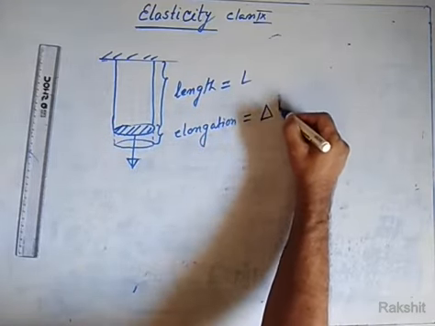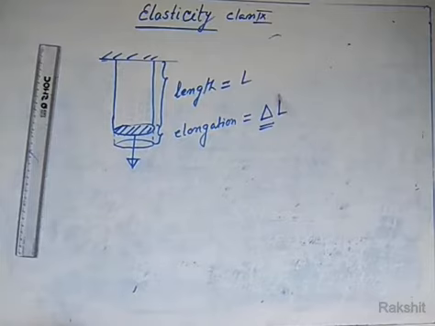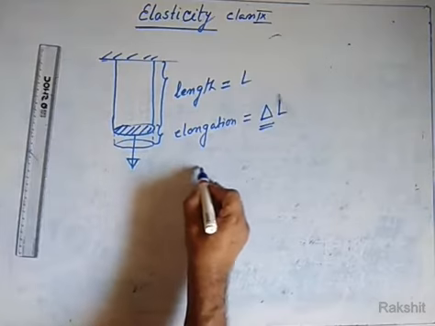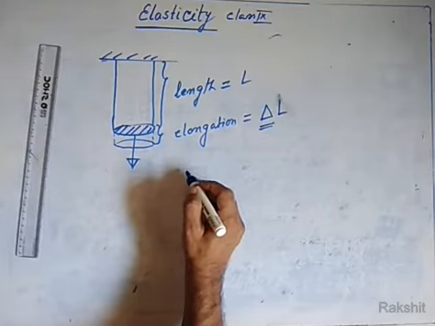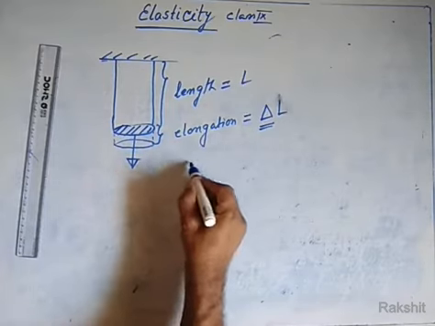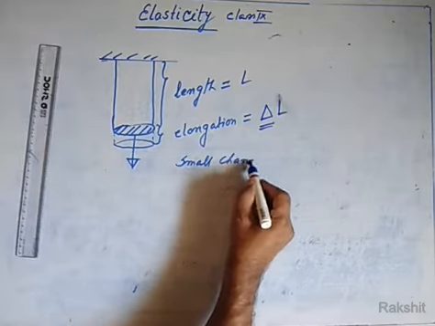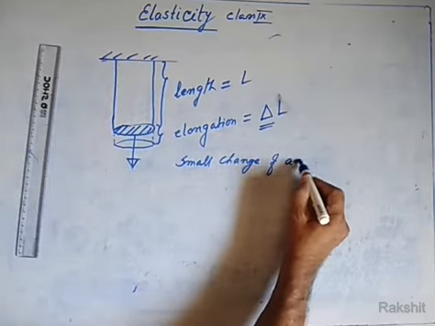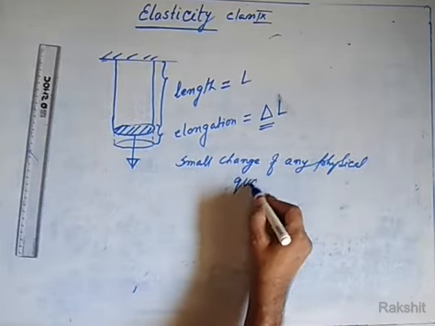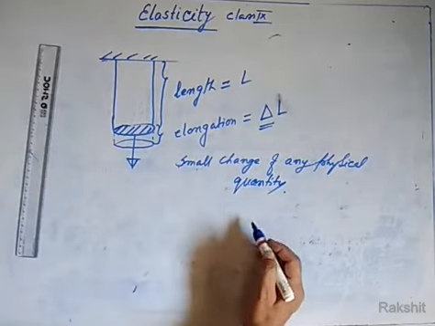This sign may seem new to you. It's a Greek letter, and when we want to denote very small change of any physical quantity, we use delta.